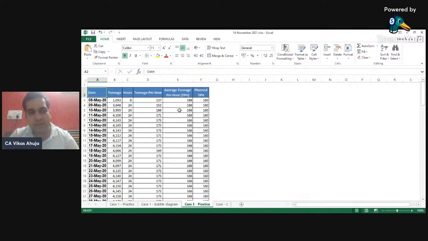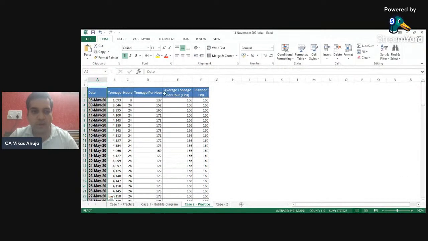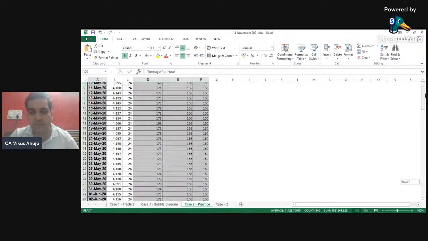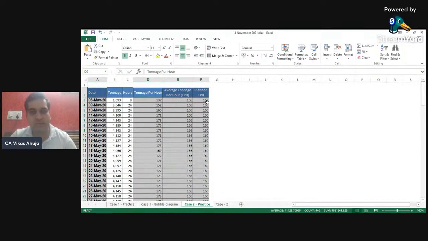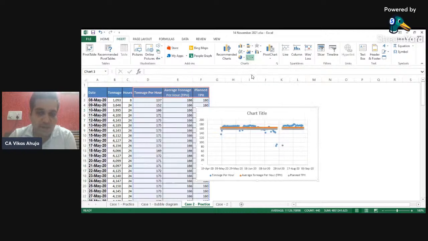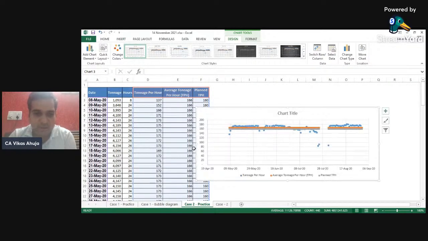Now I pick this date column, I pick this tonnage per hour column, and the average TPH and the planned TPH. The same way, I go to insert and put in a graph, this scatter diagram. It's actually looking scattered, right?